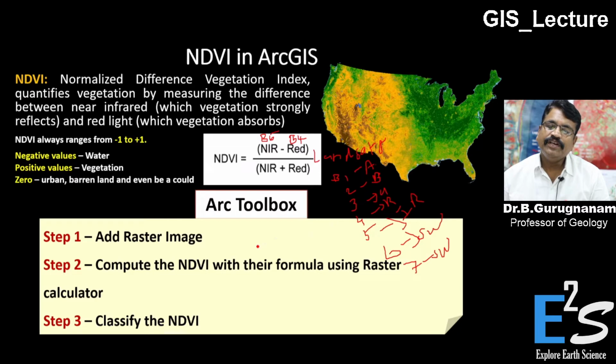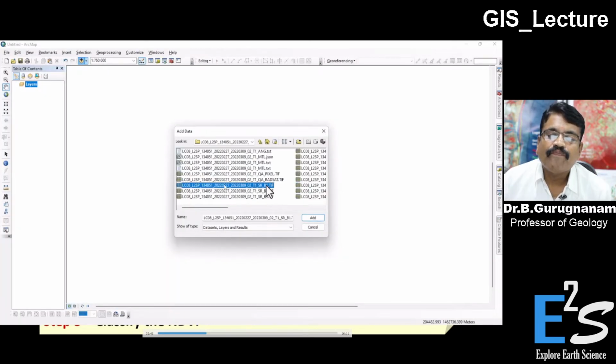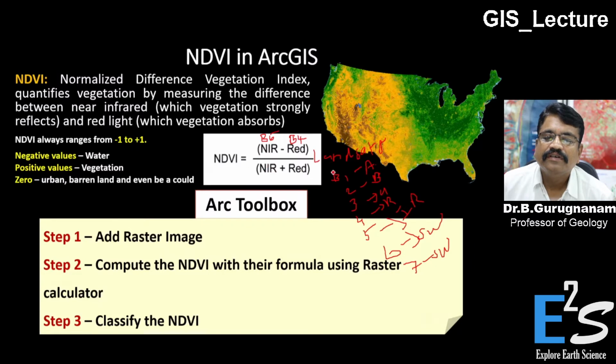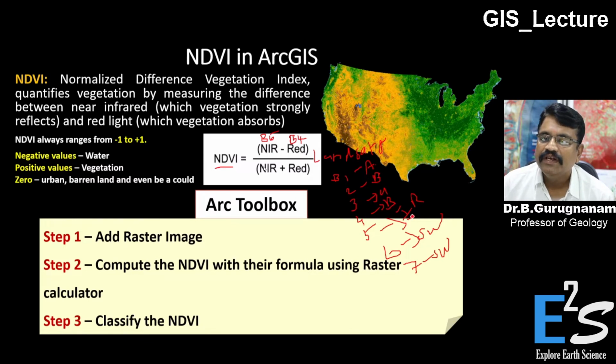But we take bands 5 and 4. For the NDVI studies we take band 5 infrared minus red over infrared plus red.